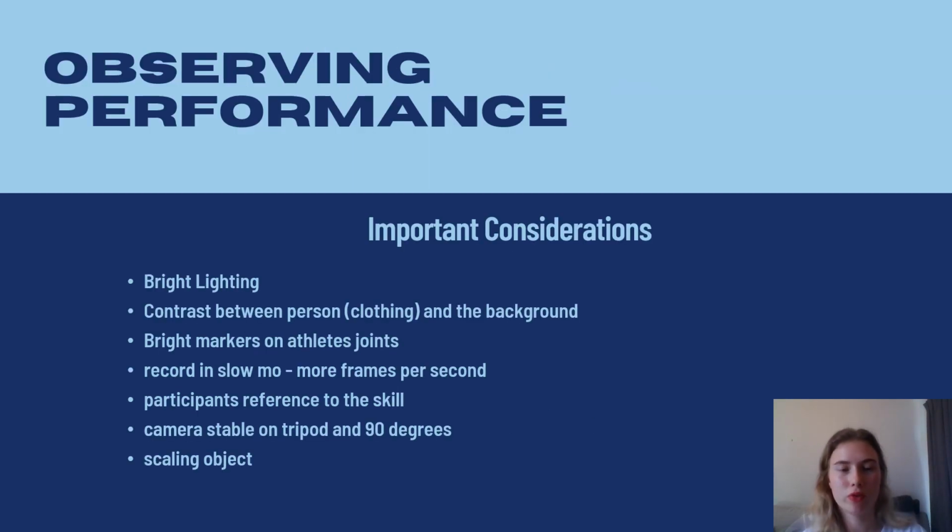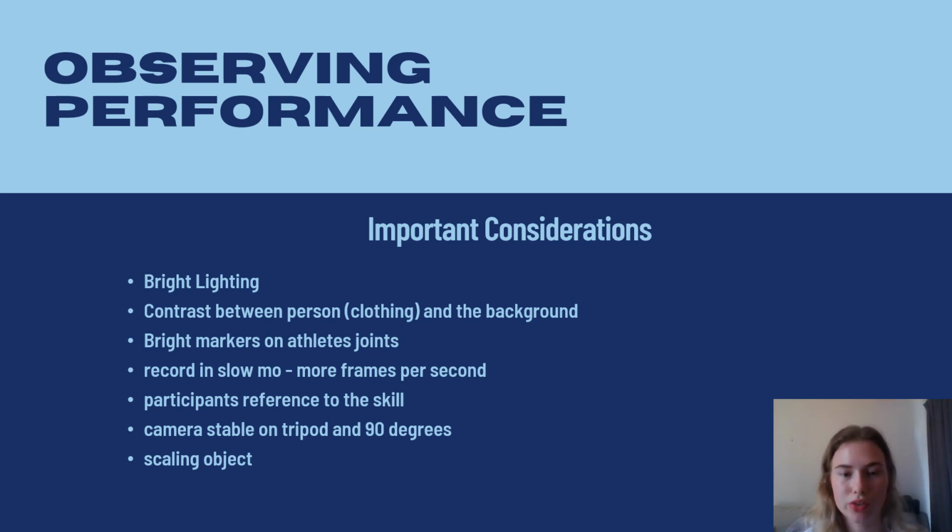When observing the performance and taking the videos, there are a few important considerations. These include bright lighting so the video is clear, contrast between the person, specifically their clothing, and the background so they are visible, and bright markers on the athlete's joints so it's easy to see these joints and make clear notes in Kinovea, for example.